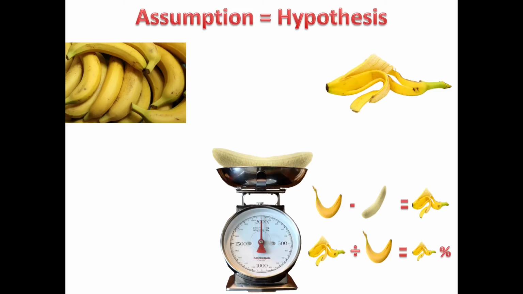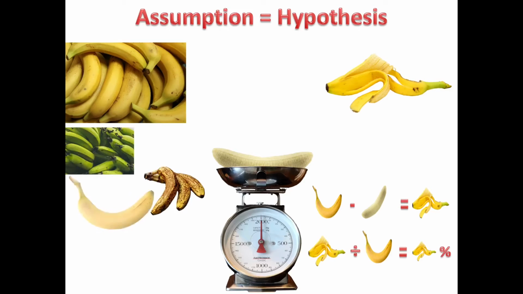You then get an employee to collect 30 bananas, making sure to get green ones, brown ones, yellow ones, big ones, small ones, medium-sized ones, to make sure that you cover the spectrum of variation you think might exist. The employee then weighs the bananas and records the results, which looks something like this.